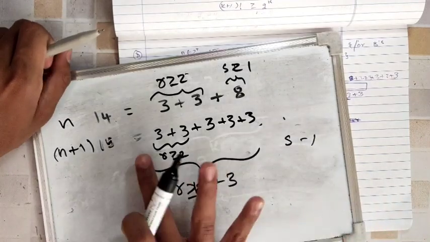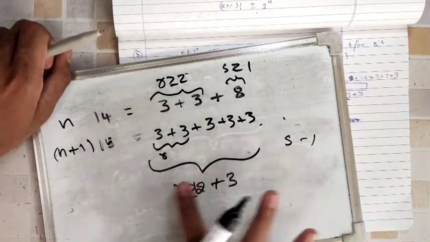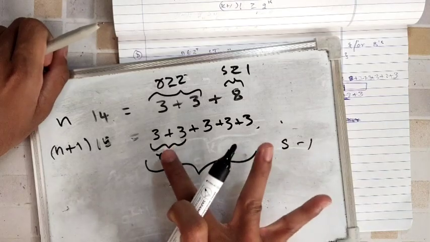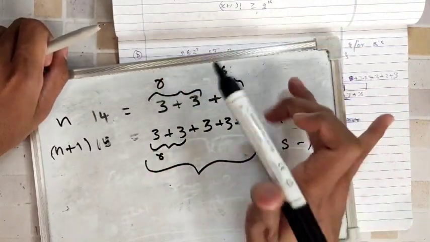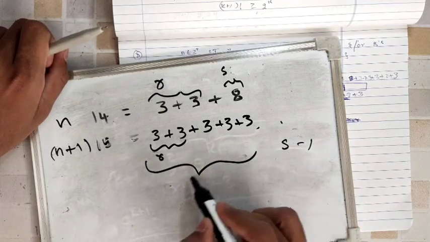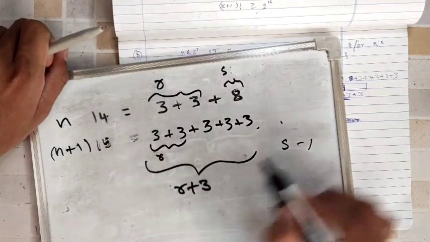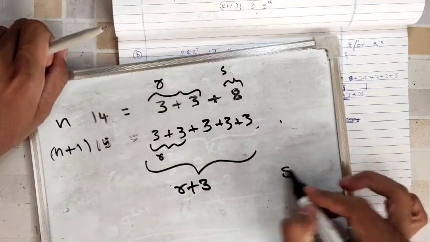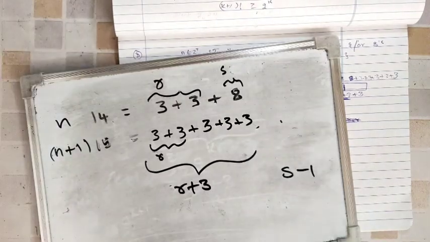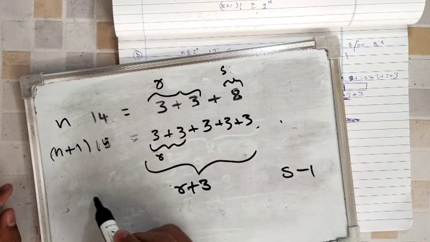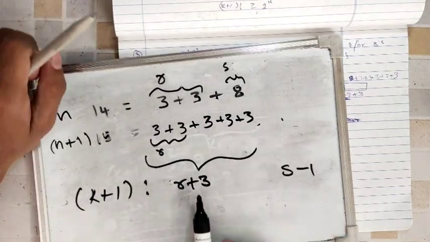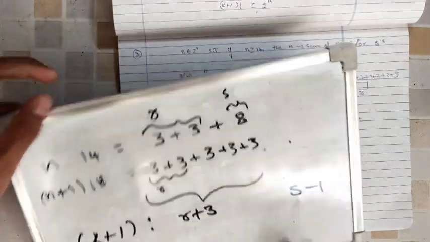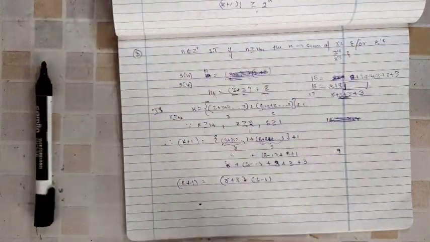So r is the number of times 3 is used, and s is the number of times 8 is used. Here r plus 3 is happening, and s has come 1 less time than previous. So k plus 1 should be in such a way that r is plus 3 and s is minus 1. How to achieve this, that I have to write here.